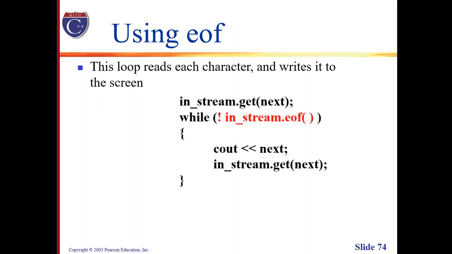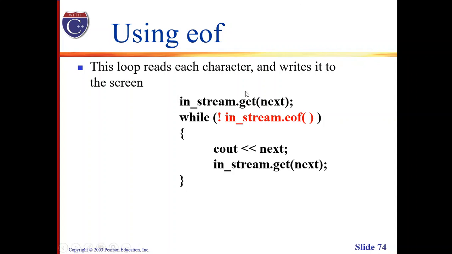So here's an example. This loop reads each character and writes it to the screen. We have an input file, and there we have an input stream. Then we call the get function and place whatever content was received from the input stream into this variable.